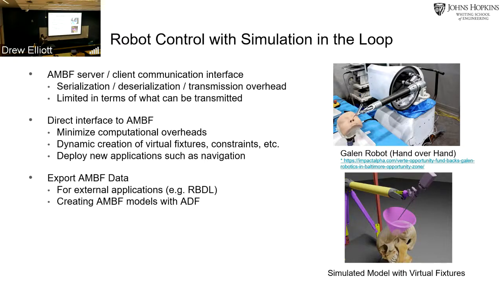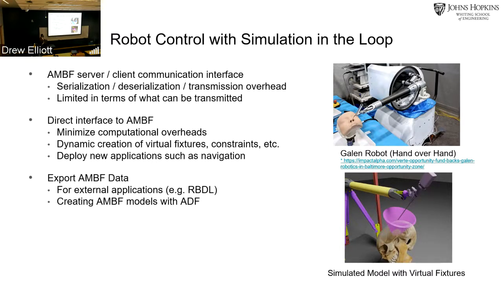Previously, if you were to implement this kind of intelligence in AMBF and connect a real robot, you would have to use the server-client model to do so. And that had its communication overheads. Because you were using ROS as a middleware, you had the data serialization, deserialization, and all the communication overheads, which is not really ideal.